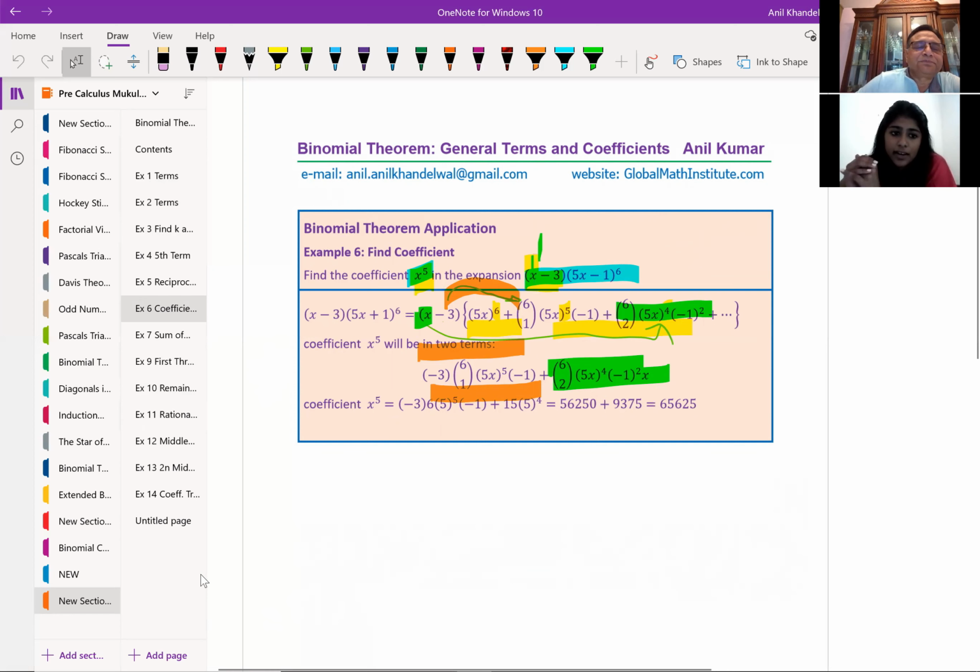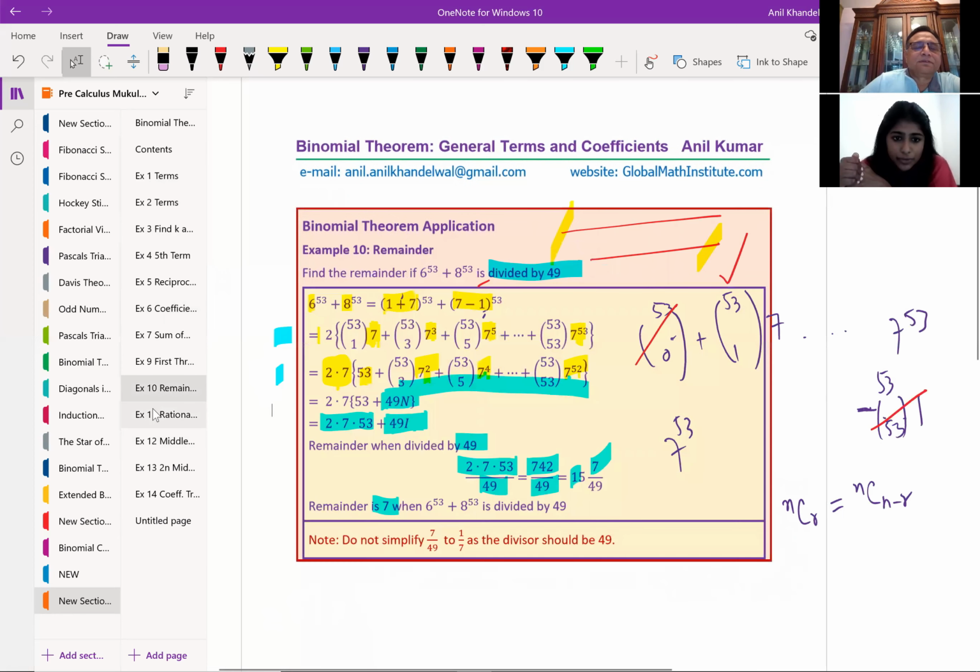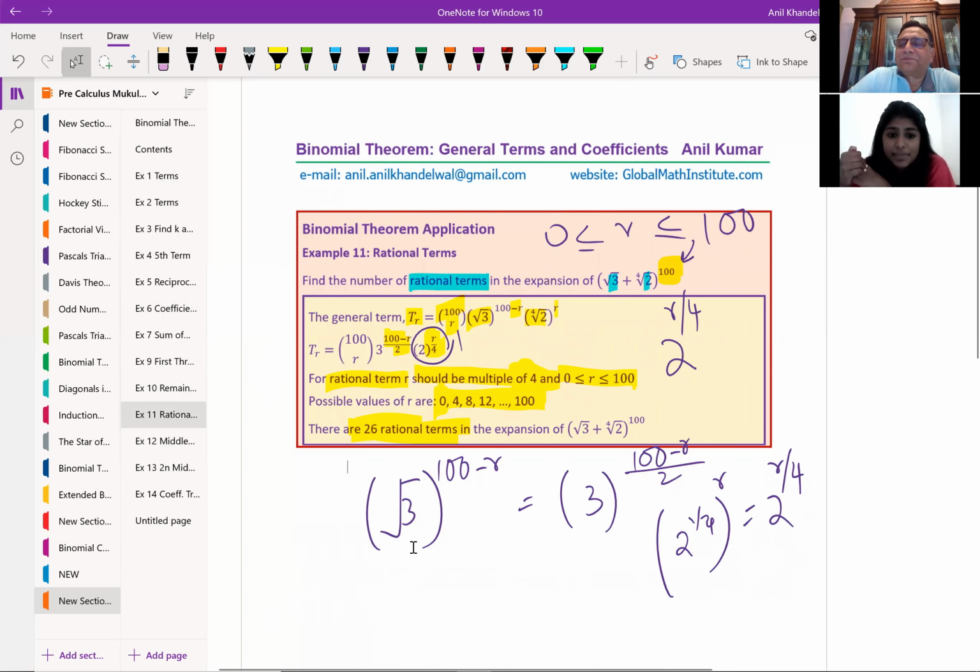Then we looked at the rational terms. It looks really complicated, but actually it's quite straightforward. When you see rational or irrational terms, write them in exponential form, which is easier to work with.